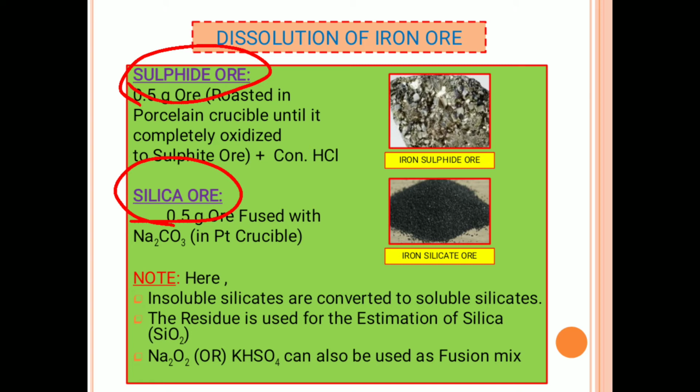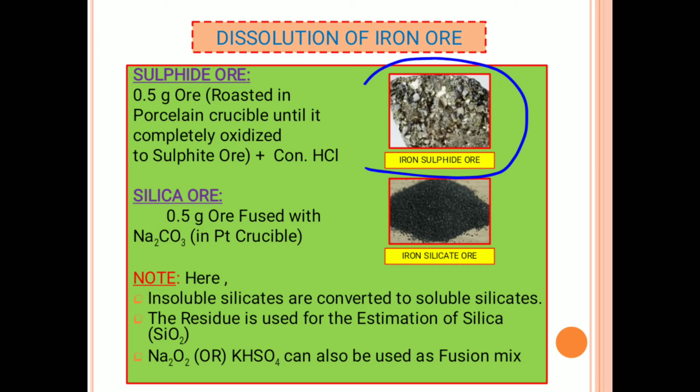The next form of iron ore is sulfide ore. If the iron ore is in the form of sulfide ore, then simply take 0.5 gram of ore and it must be roasted in porcelain crucible until it is completely oxidized to oxide ore.